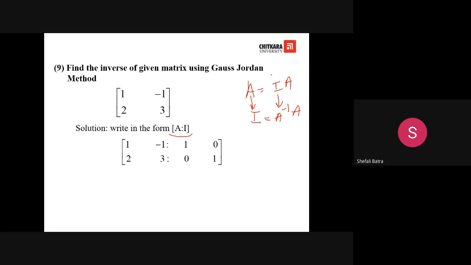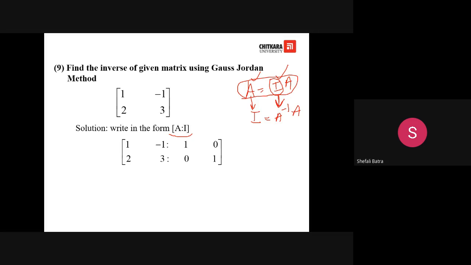So we can proceed in this way also, but sometimes when we apply the row operation to convert the given matrix into identity matrix, somehow sometimes we forget to apply the same operation on this identity matrix. Right? Because we need to apply it simultaneously. The operation you apply here should also be applied here.